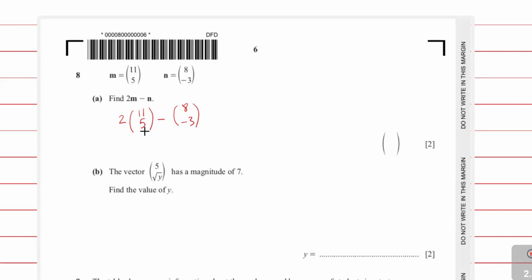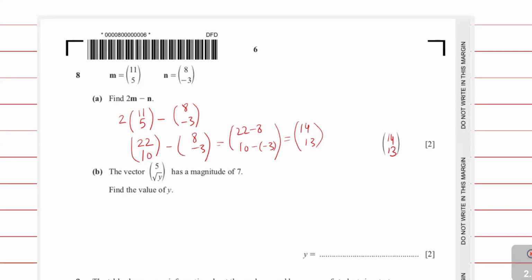In the next step, we can write 2 times 11 is 22, 2 times 5 is 10, minus 8, minus 3, and we can write 22 minus 8, 10 minus minus 3, and this will be equal to 14, and this is 10 plus 3 is 13, and this is 14, 13 will be the answer.